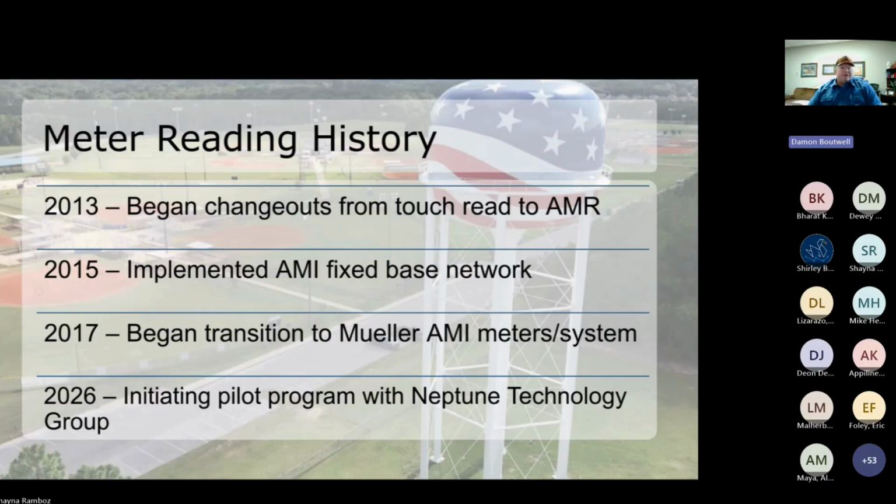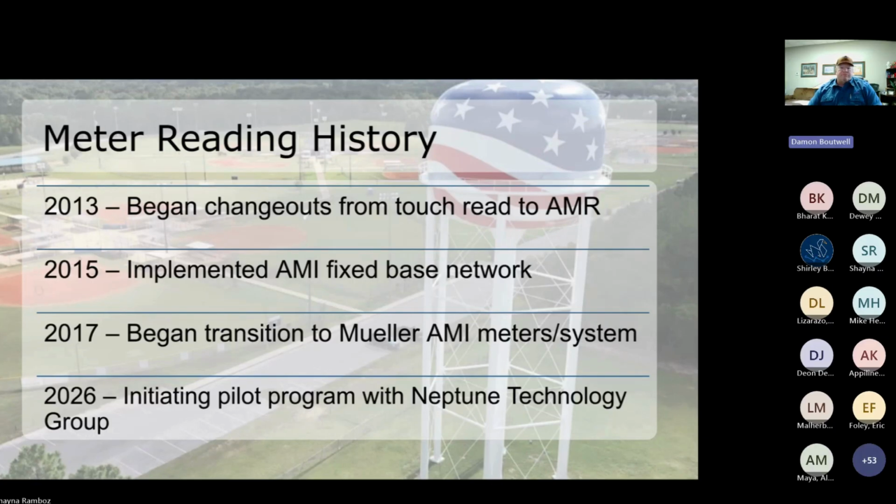We've done this. We have collectors on water towers. We have collectors or repeaters on lift stations, even some on street signs, DC repeaters. In 2017, we transitioned to Mueller's AMI system using positive displacement meters for our residential customers.